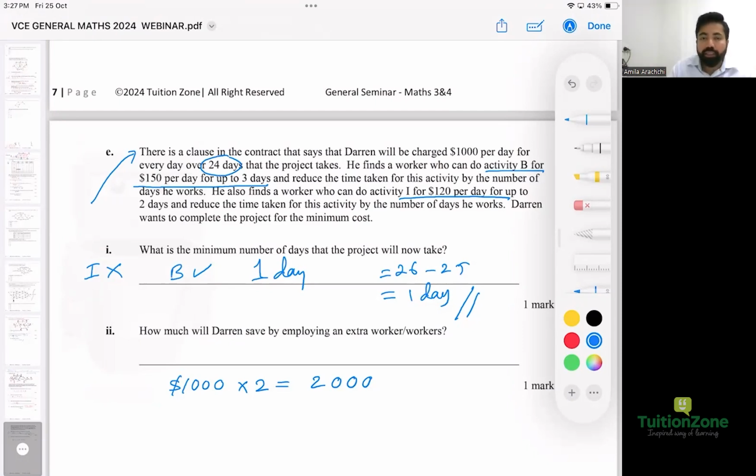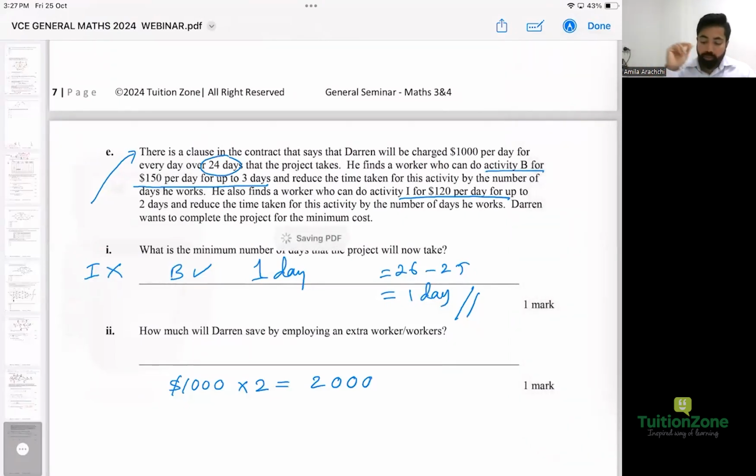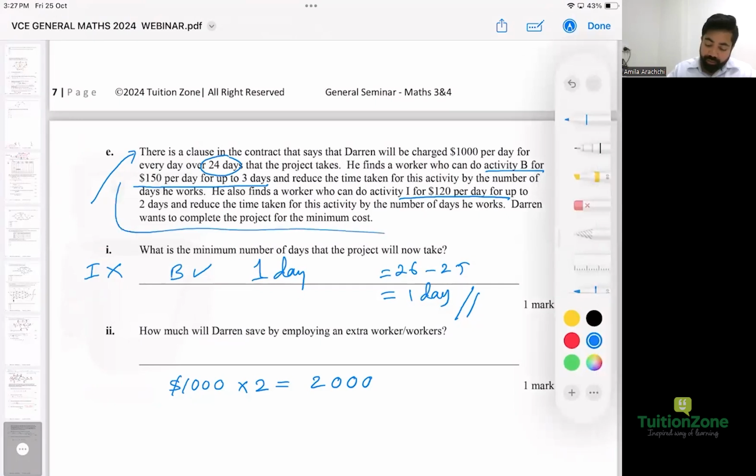Because of this particular worker you hired, you can reduce the whole process by how many days? Only 1 day. He's supposed to complete within 26 days, but because of this whole process we did here, it then becomes how many days? 25 days.